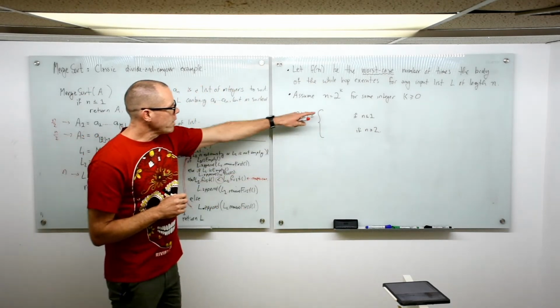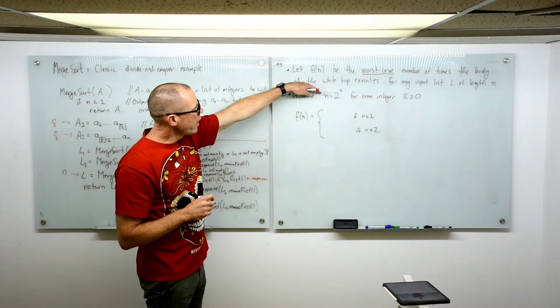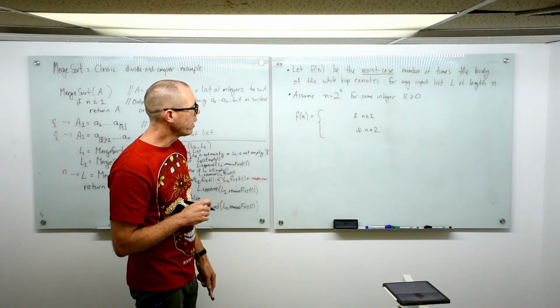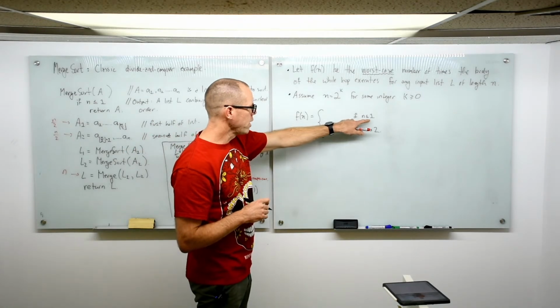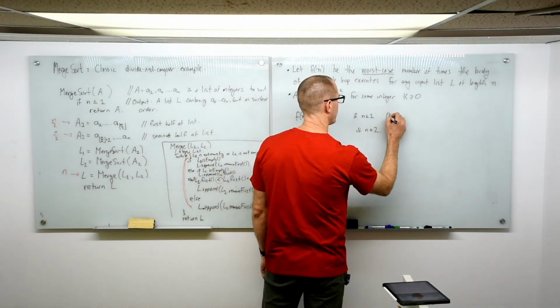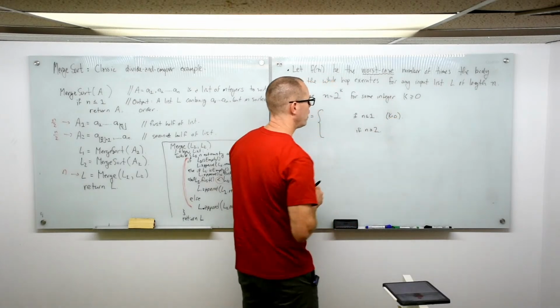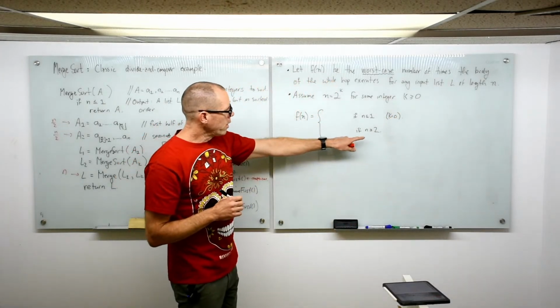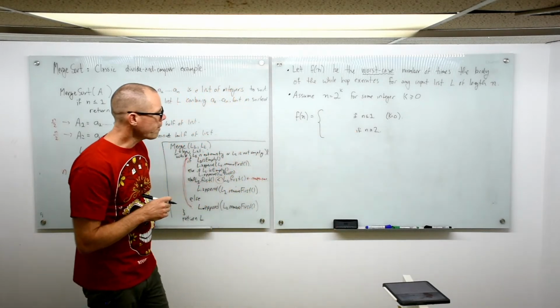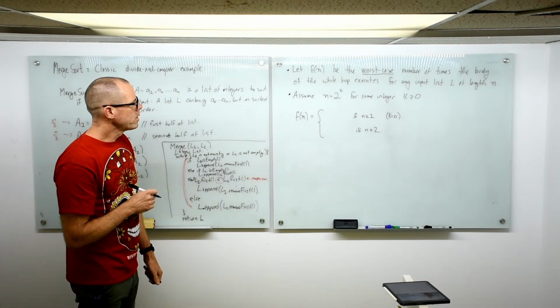If we're assuming that n is a power of 2, so n is 2 to the k, then in the first case n equals 1, so k equals 0. Otherwise, if n is bigger than or equal to 2, then what's k?